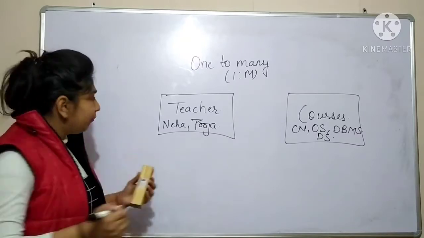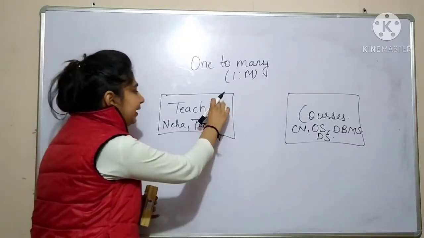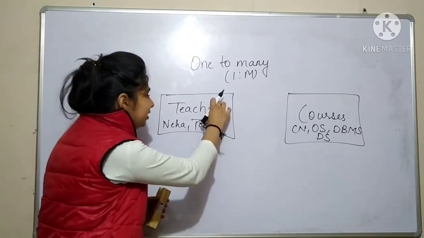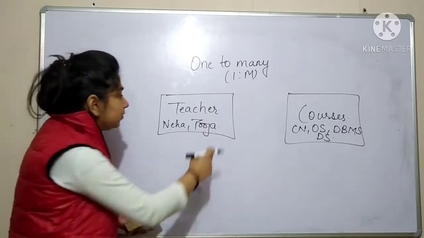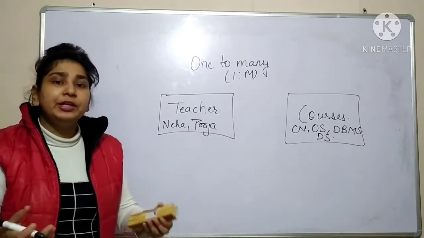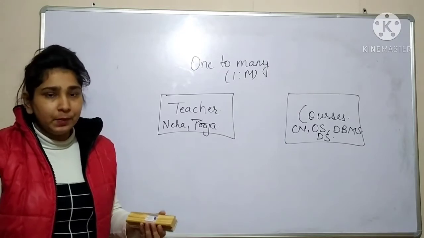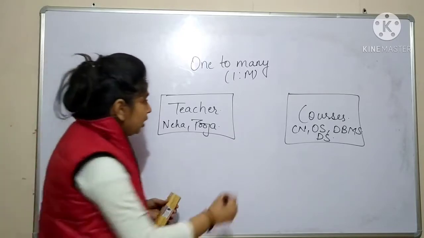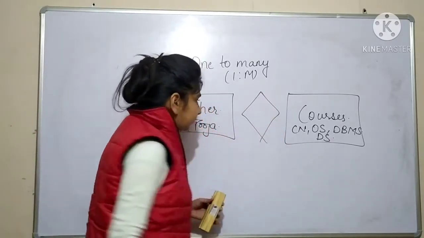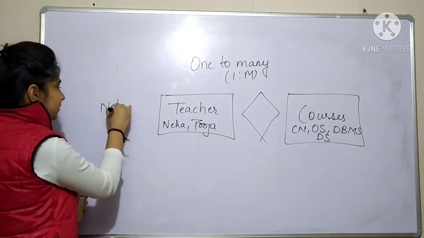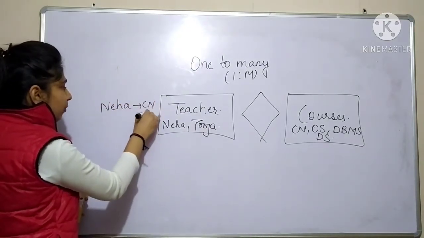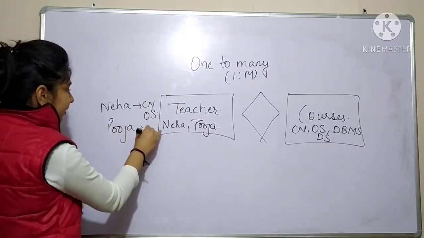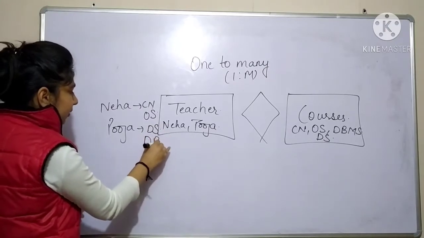Firstly, assume one teacher. We always consider one. For one teacher, it is very obvious that one teacher is going to teach many courses. Let's suppose Neha is teaching computer networking and operating system, and teacher Pooja is teaching data structures and DBMS.